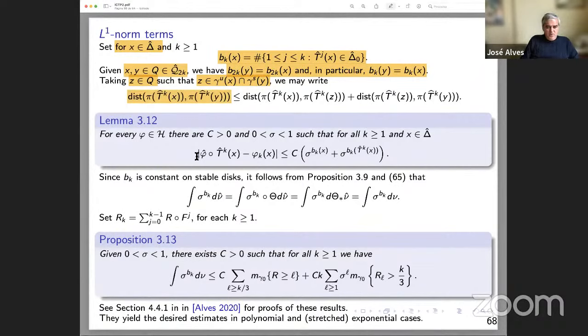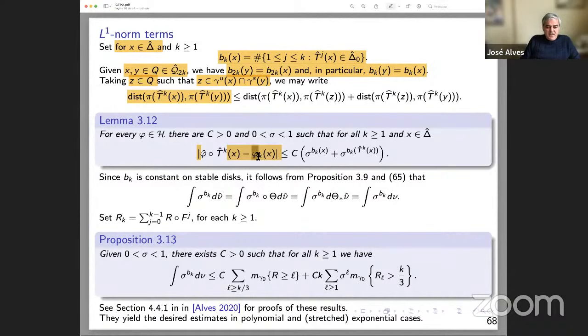So let's look. We want to control these terms here down, because integrating this with respect to nu hat, we obtain precisely the L1 norm we want to estimate. And see, what is phi hat? Phi hat is precisely phi composed with pi. And so what we have here is phi composed with pi composed with this T hat k. And so we use the fact that phi is Holder continuous.